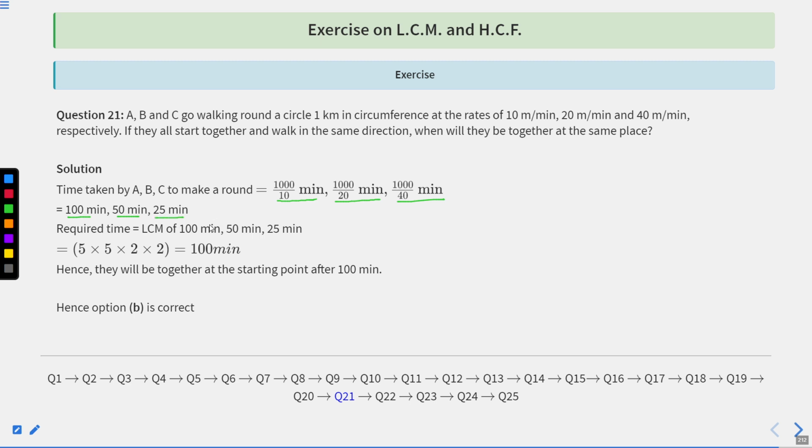So the required time will be the LCM of 100 minutes, 50 minutes, and 25 minutes. That means 5 times 5 times 2 times 2, which is 100 minutes. Hence, they will be together at the starting point after 100 minutes. So the correct option here is option B.